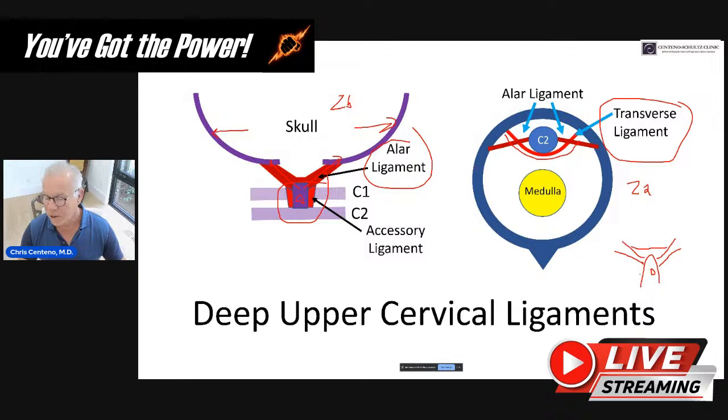So if we're going below the dens, we often end up about right there, or below the atlas. The atlas is coming across this way. So we'll end up getting into the accessory, which will bleed up usually into this lower alar. And so we'll get the lower alar and the accessory from that position.